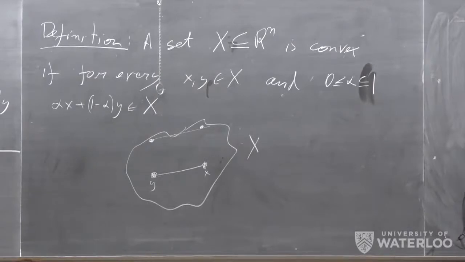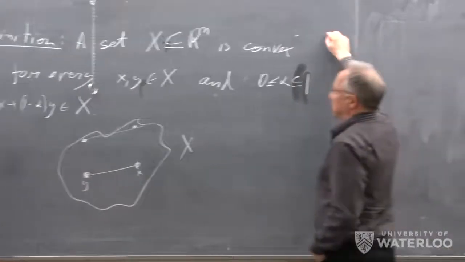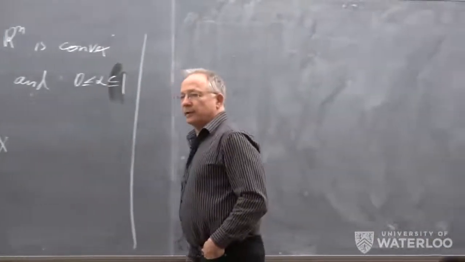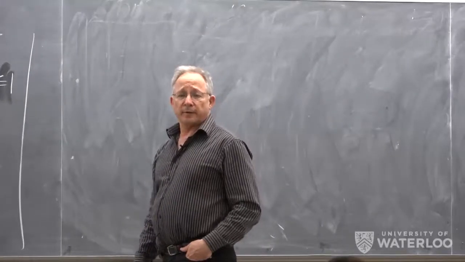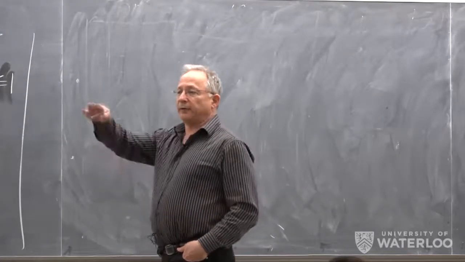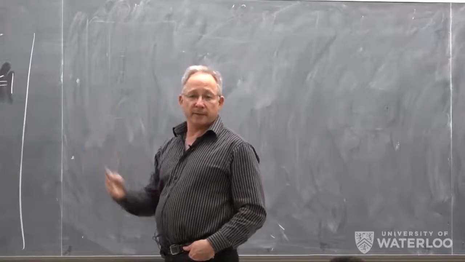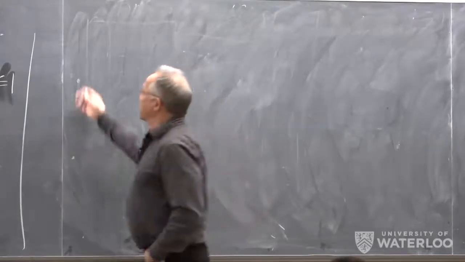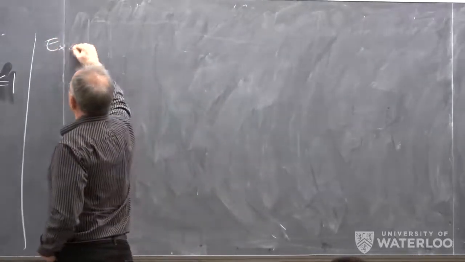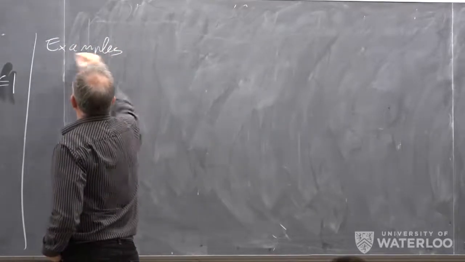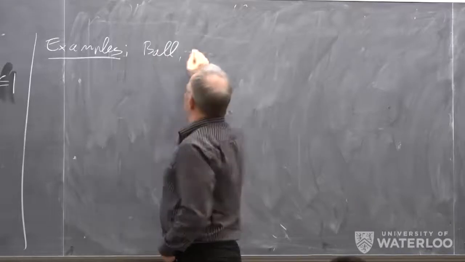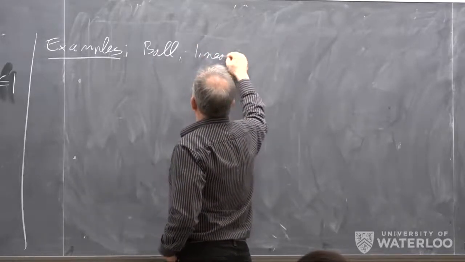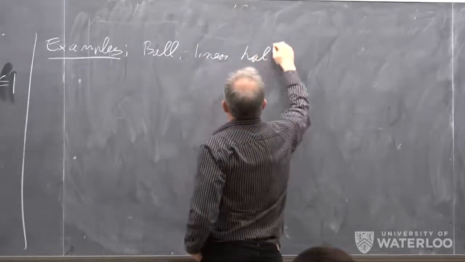Okay? And convex sets have some nice properties. We already mentioned it in the context of proving, if you remember, the VC dimension of half spaces. We use the fact that every linear half space is convex. So examples of convex sets are, of course, balls in Rn, but also linear half spaces.